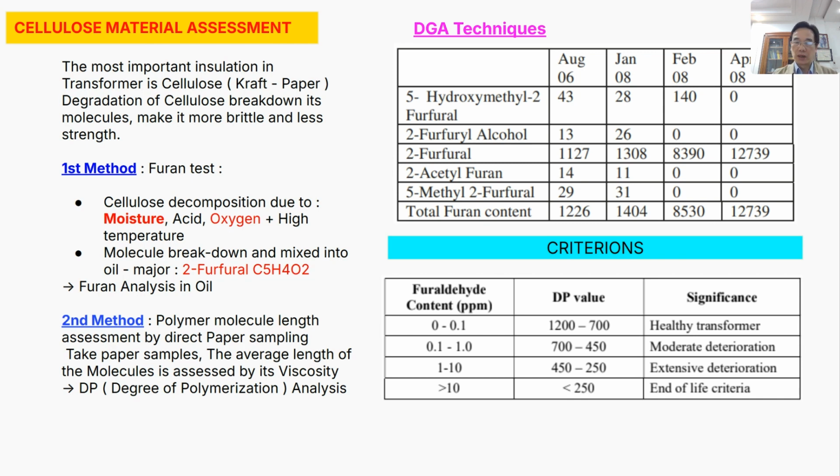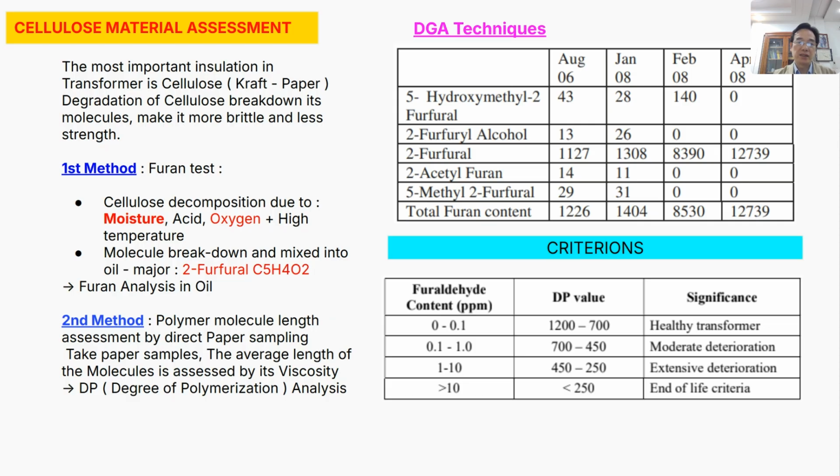Here we also have to understand the factors impacting the lifetime of the insulation material, of the cellulose. The cellulose material, as I already explained, will be impacted by high temperature.